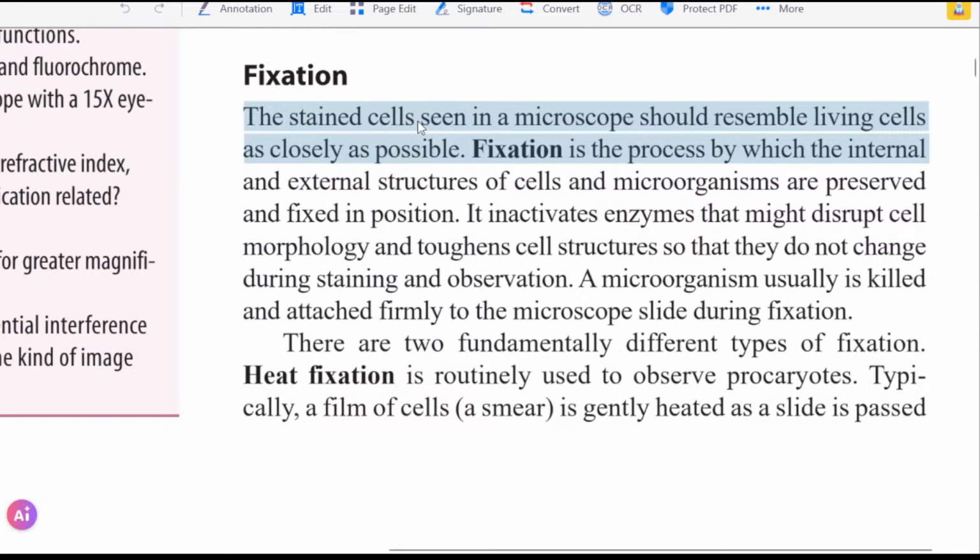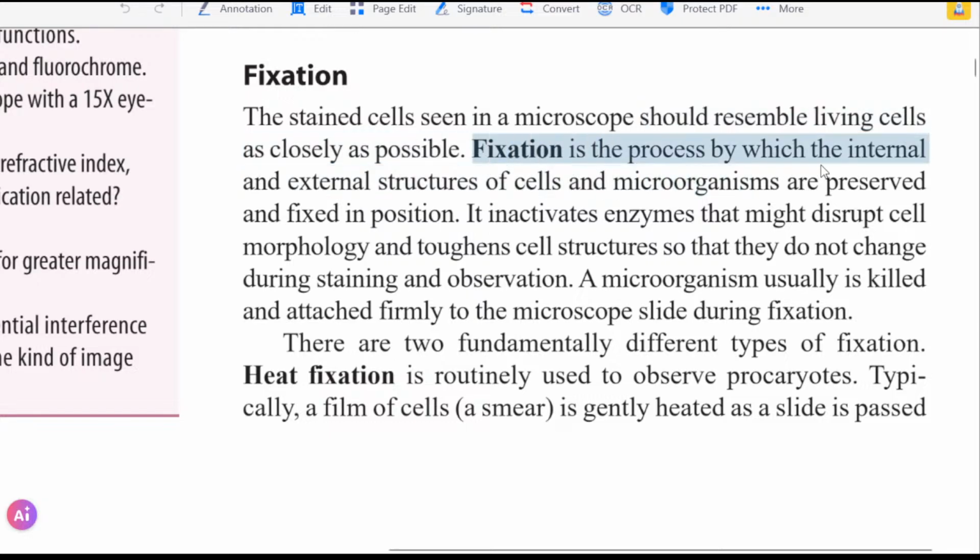First of all, if you want the stained cells that you colored to look as realistic and as clear as they were as living cells, fixing is the first thing to do. So the fixing process makes it possible for them to resemble the living cells as closely as possible.